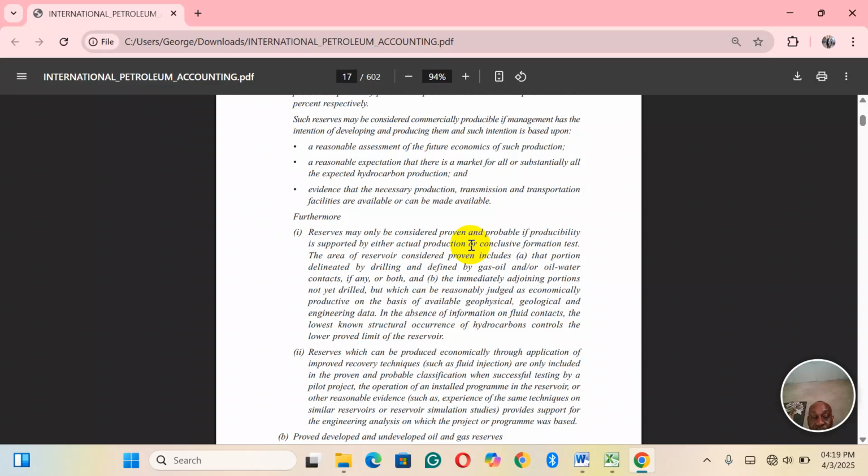The lowest known structural occurrence of hydrocarbon controls the lower proven limits of the reservoir.